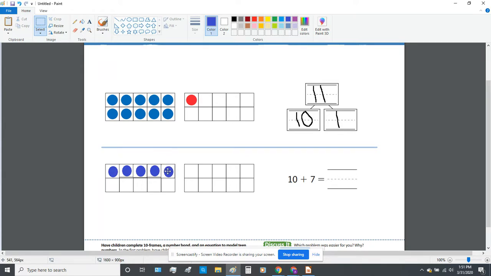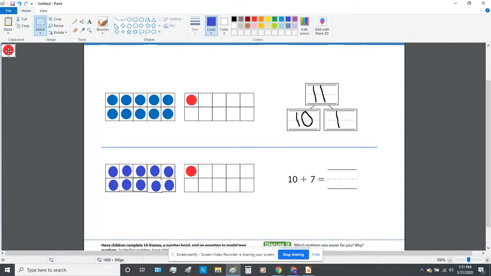So there's 5. Now I have 6, 7, 8, 9, and 10. Then I need to show my extras. And I have 7 here, which means I need 7 extras.